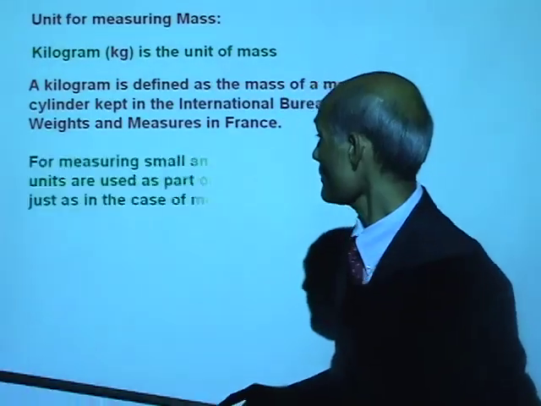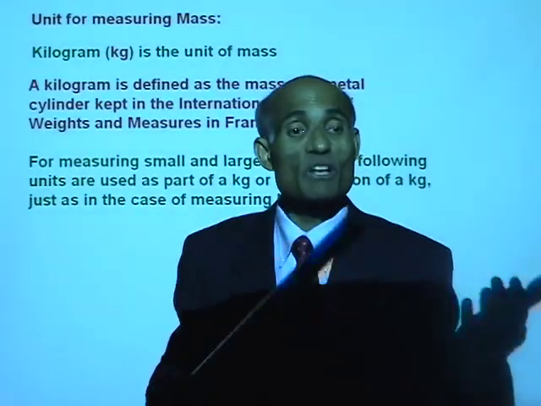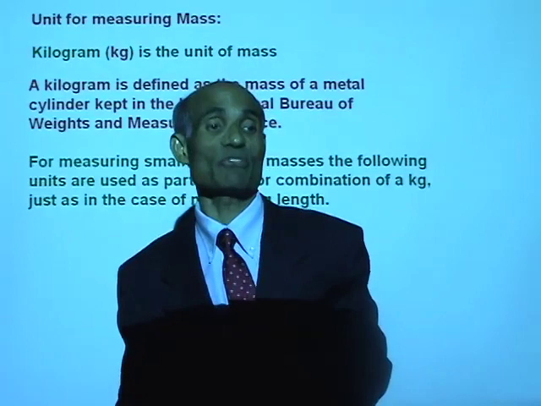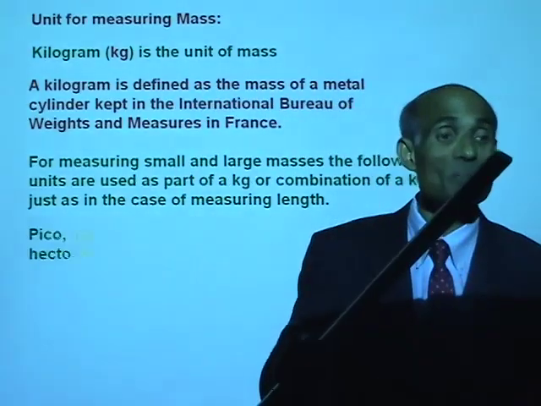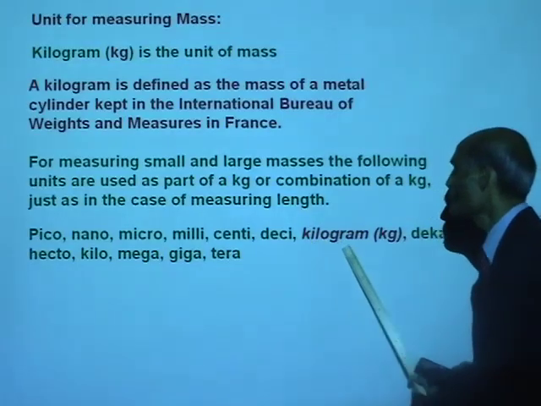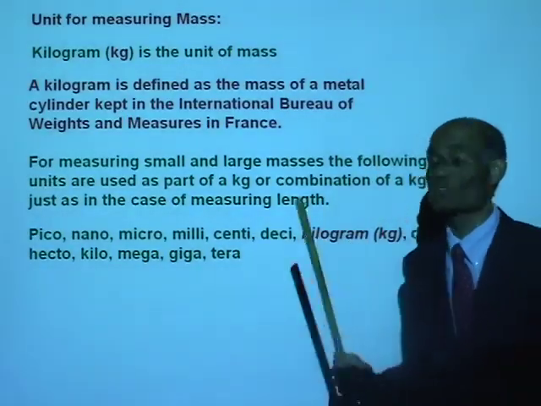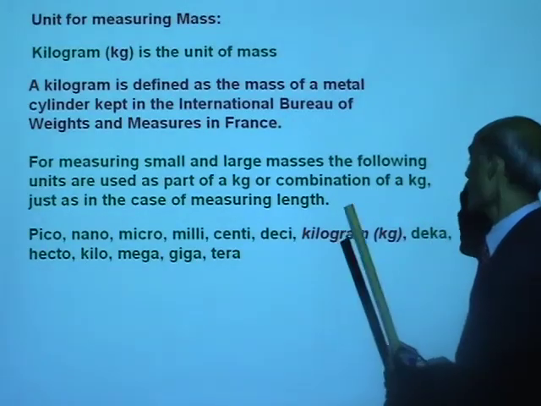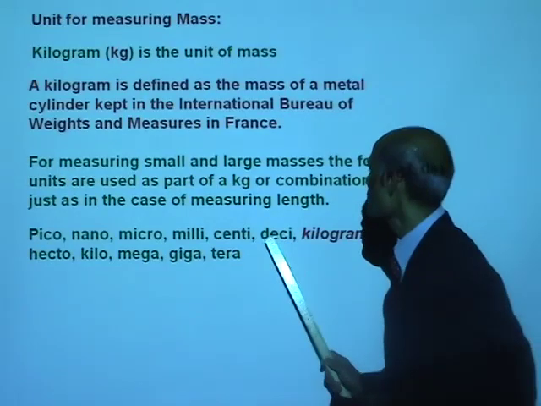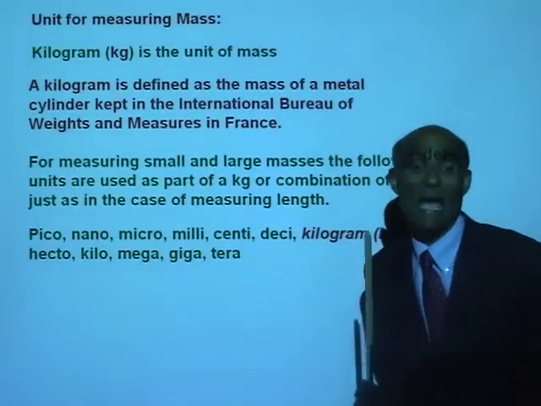Alright. Now, here again, we need to measure very small masses and very big masses. And we will use the same kind of terms. Look at this. I colored this red because that is our unit, our standard unit. Kilogram, not gram. Now, a kilogram is how many grams?